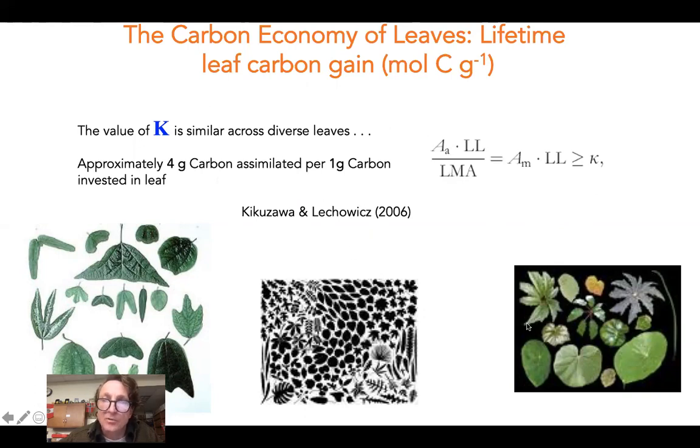That is, as we go from very short-lived annuals to tropical tree leaves, the trait correlations that we see between photosynthetic rate, leaf nitrogen, leaf lifespan, leaf mass per unit area, that's all reflecting this ultimate constraint of trying to maintain a positive carbon balance in a given environment. And so we call this leaf economics, okay?